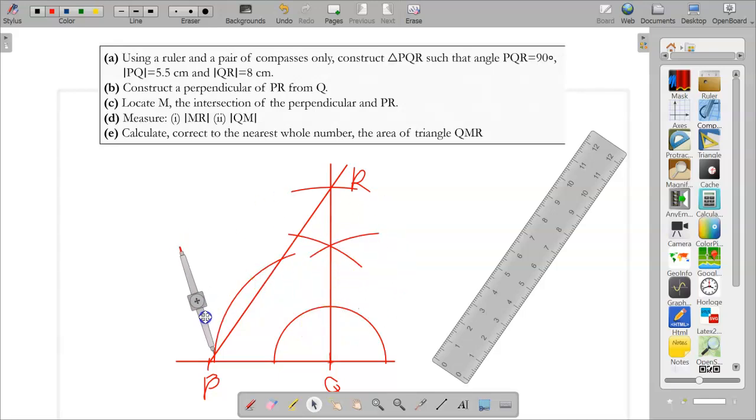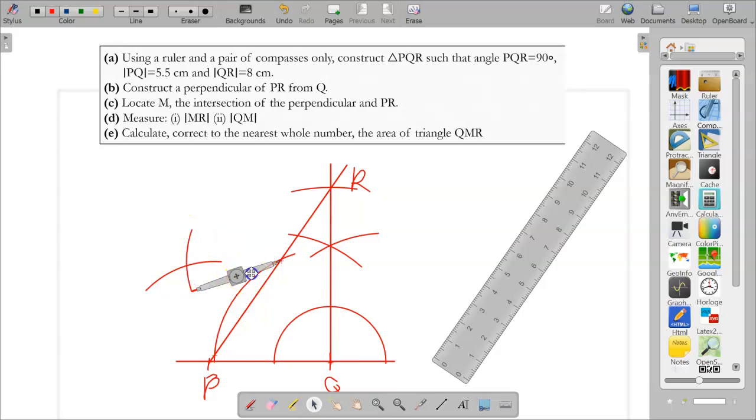Now put the compass pin at the first point of intersection, and with a radius more than half of the line, I will draw an arc. So let me draw it outside. With the same radius, put the compass pin at the other intersection, and then draw another arc to intersect the first one.